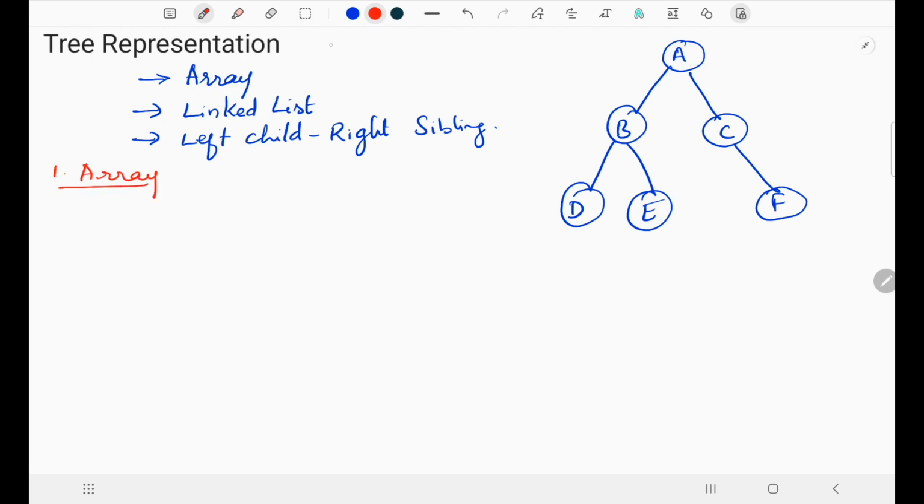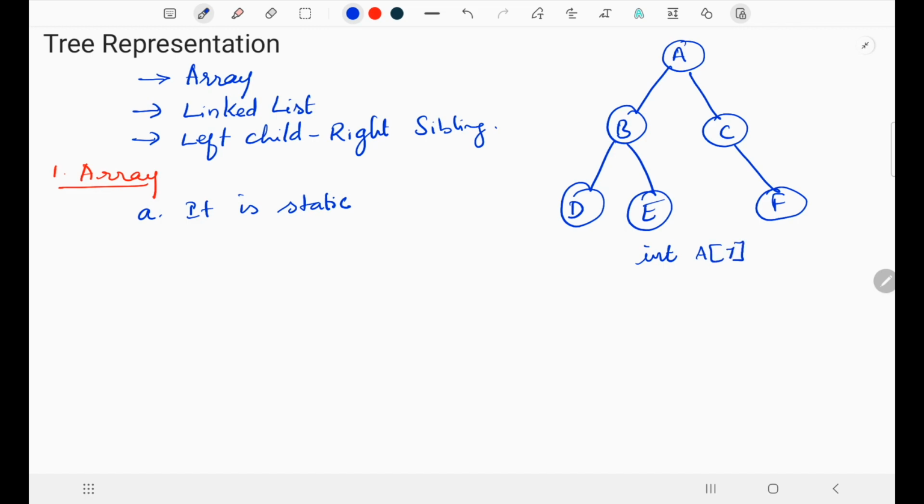array representation. Okay, so in array representation, three things you need to keep in mind. The first one is it is static. What is static? The array is static because suppose I want to declare an array, int a of say 7.